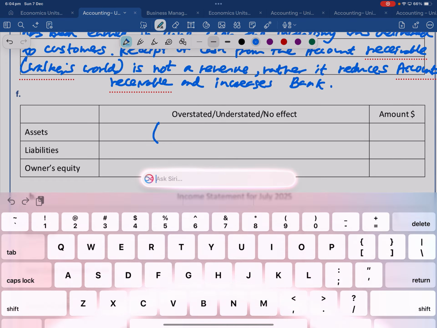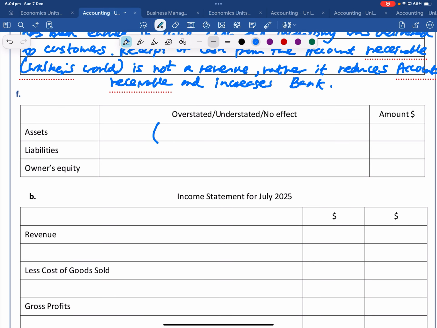So then you can say here what happens to the accounting equation. They have said overstated, understated, or no effect. So what will happen if the transaction was not recorded? Bank overstated. If it is only one item, you don't have to worry about the amount.